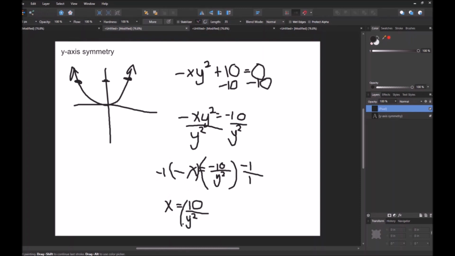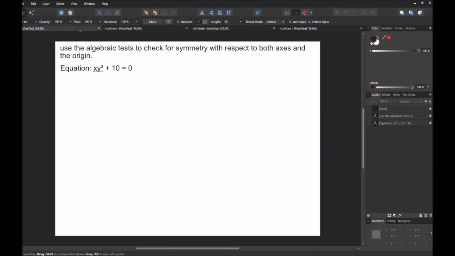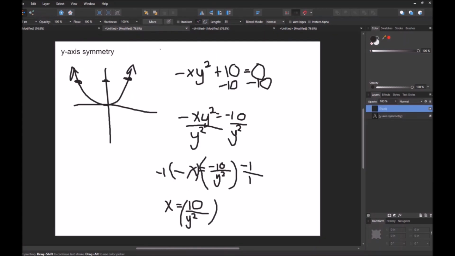And now we're going to multiply both sides by y squared. Now we're moving everything back over to the x side to see if we get this equation right here when we're finished with it. So we're going to multiply everything by y squared, and I'm going to move this equation over here. So we have x times y squared equals 10.